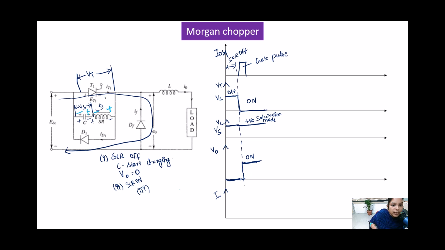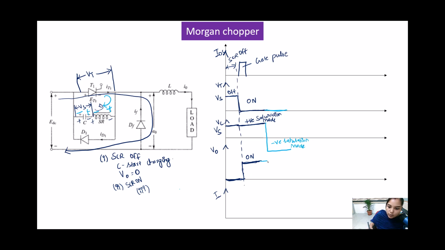So if it is flowing, the current will flow from this direction. This threshold voltage will continue. But what will happen to this capacitor voltage? Because the polarity got changed, it will move on to the negative saturation mode. This is the negative saturation mode till the SCR is switched off.